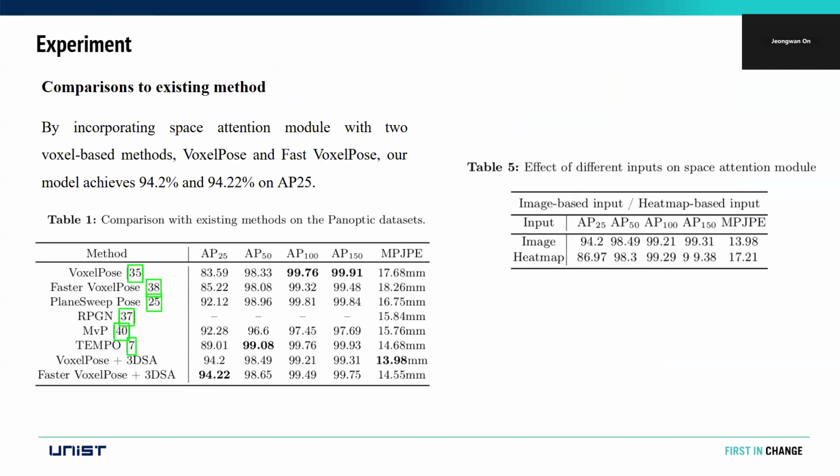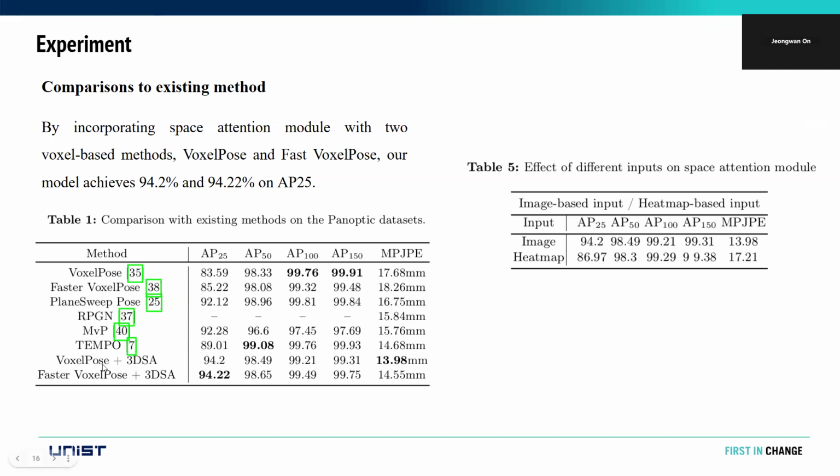They did the evaluation on the Panoptic dataset, and by incorporating the 3D space attention score into the existing voxel-based method, they can get a good result on the AP50 evaluation metric.